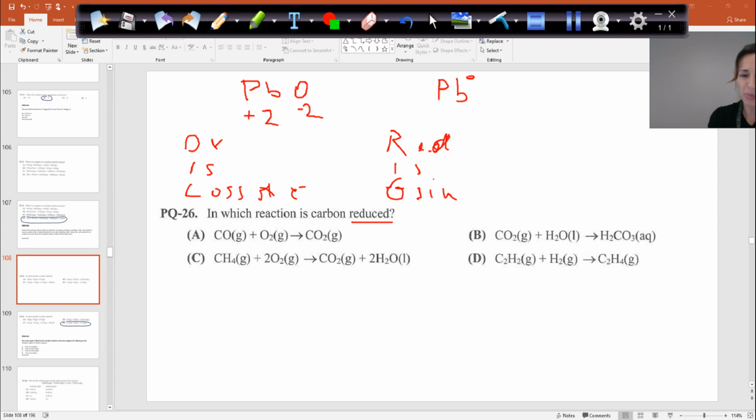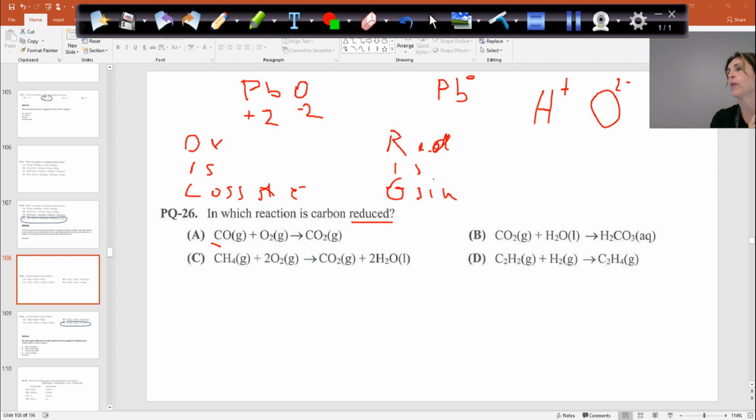Now, for pretty much all of these, we can use the following rules. Hydrogen in compounds is +1. Oxygen in compounds is -2. So we are going to figure out the oxidation state of carbon in all of these, looking at these rules. What is the oxidation state of carbon here?